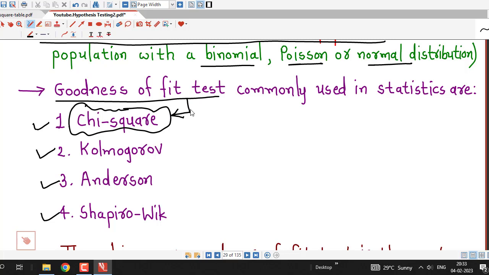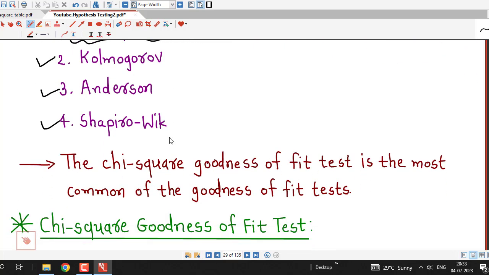The chi-square goodness of fit test is the most commonly used, the most common of all the goodness of fit tests. Now we understand how to perform it.